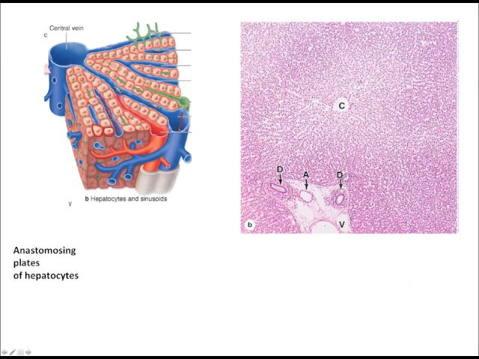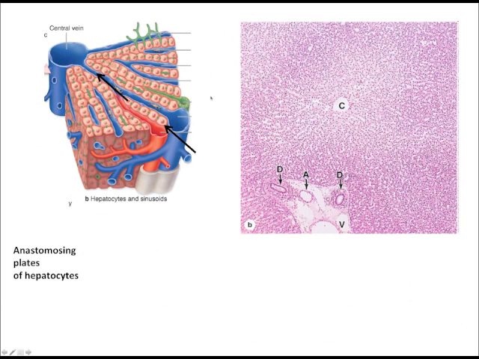This structure here is the portal vein within that portal canal, also called portal triad. Here's the terminal branch of the hepatic artery, and this is the bile duct. So you can see from this illustration that the flow of blood is flowing from the region of the portal canal towards a structure called the central vein.